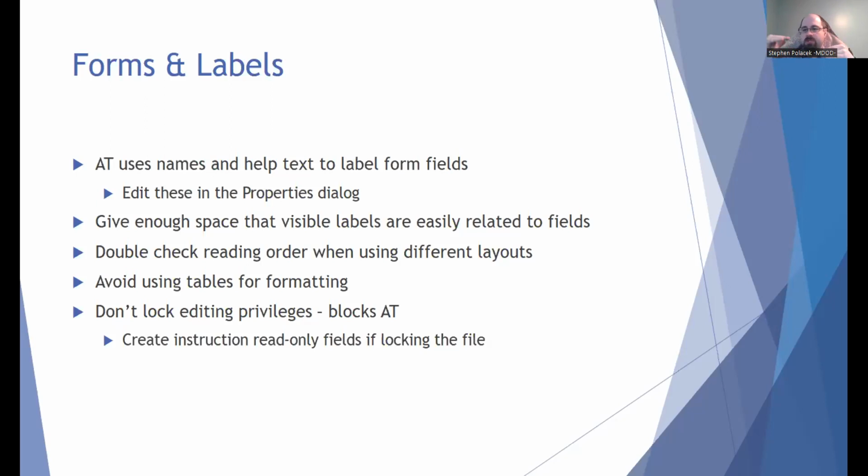Or if you're using something like the multi-column layout in Word, by default, it's going to go down the first column, then move to the second column, so make sure that's how you want people to read it. If you do first name, last name in a 2-column layout, but you have then address underneath it, a screen reader is going to go first name, then address, then last name. So be aware of that fact, that it's not going to interpret it how you're interpreting it visually.